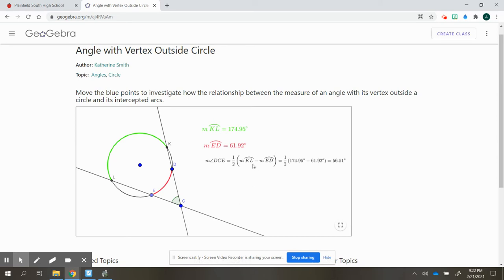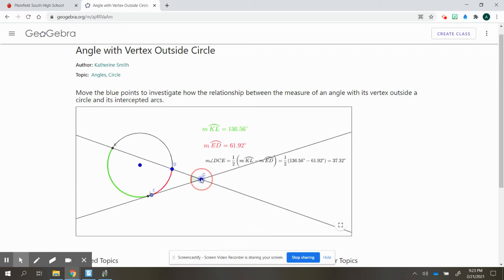And what you're going to notice each time is that if we take the far away arc minus the near arc and divide that difference by 2, we're going to get the value of the angle. So arc KL is 174.95, ED is 61.92, and if we subtract big minus small, or far minus near, and divide that value by 2, we get our missing angle measure, okay?